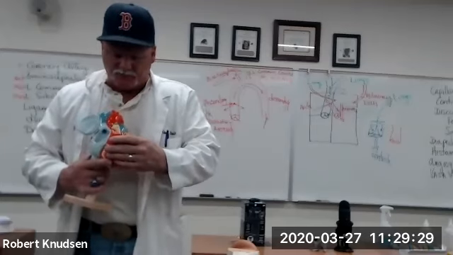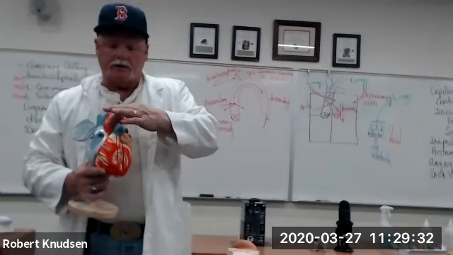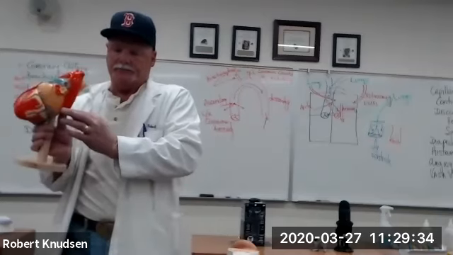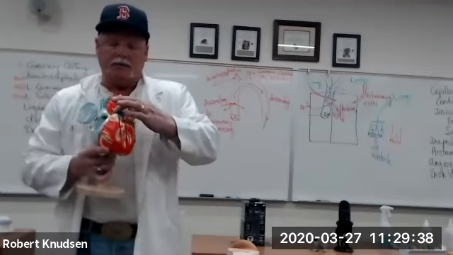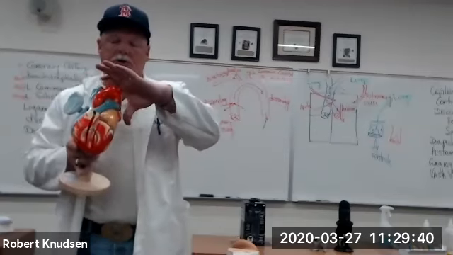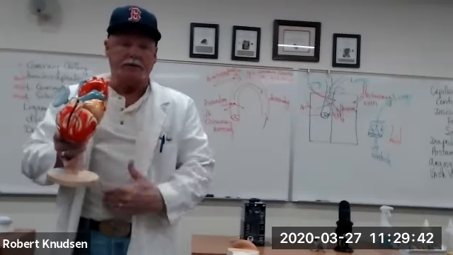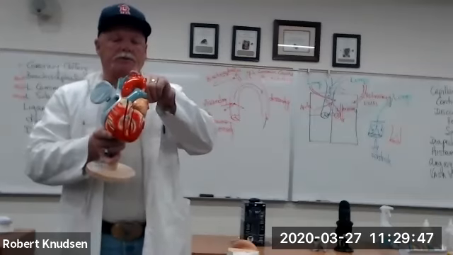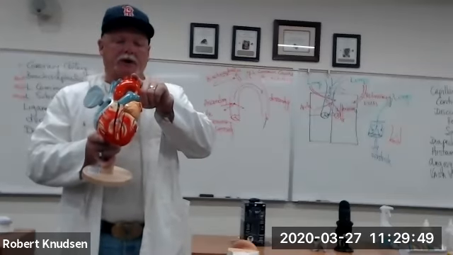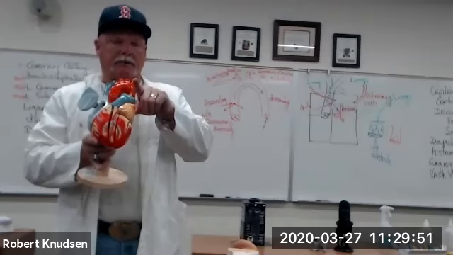Okay. Here is the whole aorta. Ascending, arch, descending. Descending comes down here, and in a minute I'll show you where that goes. This is the brachiocephalic, left common carotid, left subclavian.